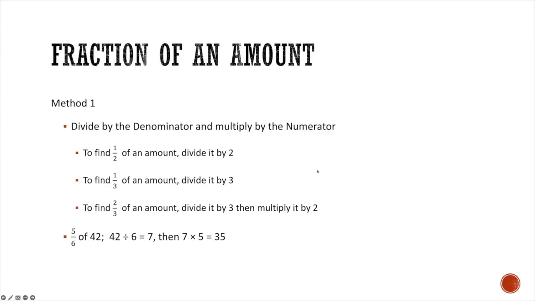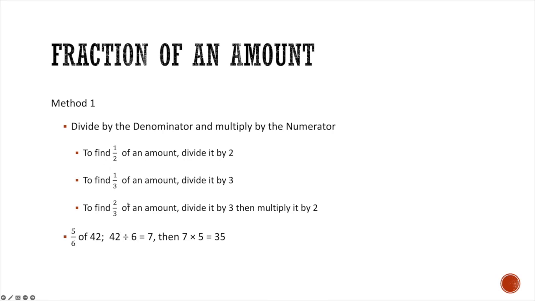Fraction of an amount. There are 3 methods. Method 1: divide by the denominator and multiply by the numerator. To find half, we have to divide by 2. To get 1/3, we have to divide by 3.